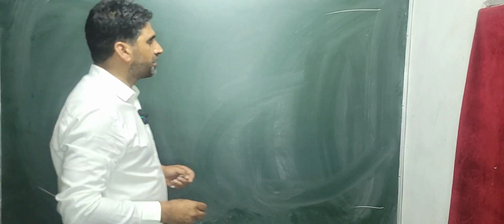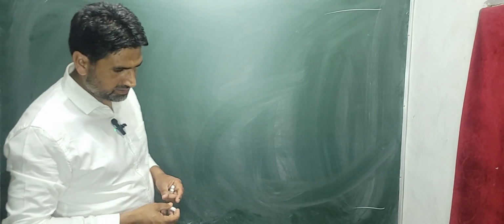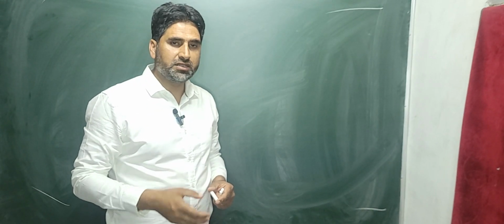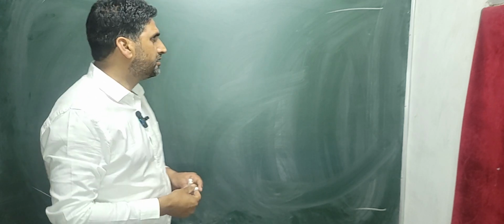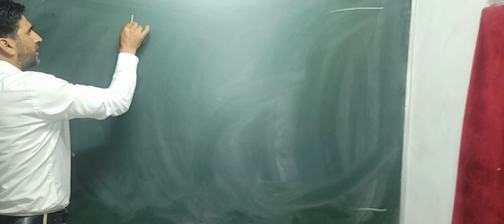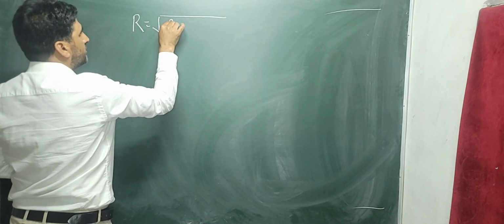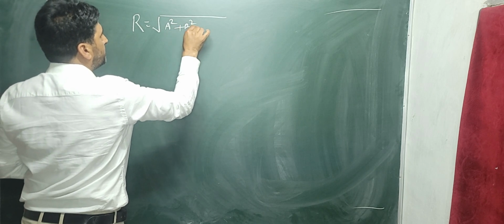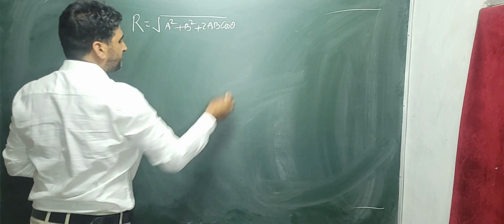In our previous lecture, we talked about the parallelogram law of vectors, and we derived the formula for the magnitude of the resultant and the direction part. The formula was R equals under root of A square plus B square plus 2AB cos theta.